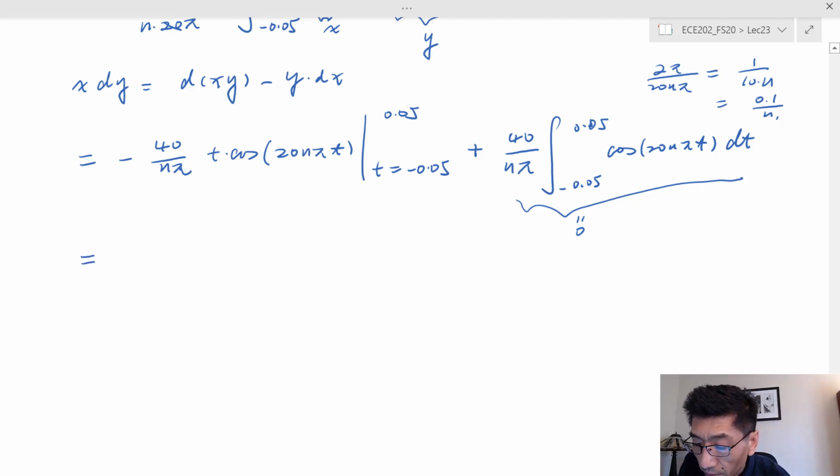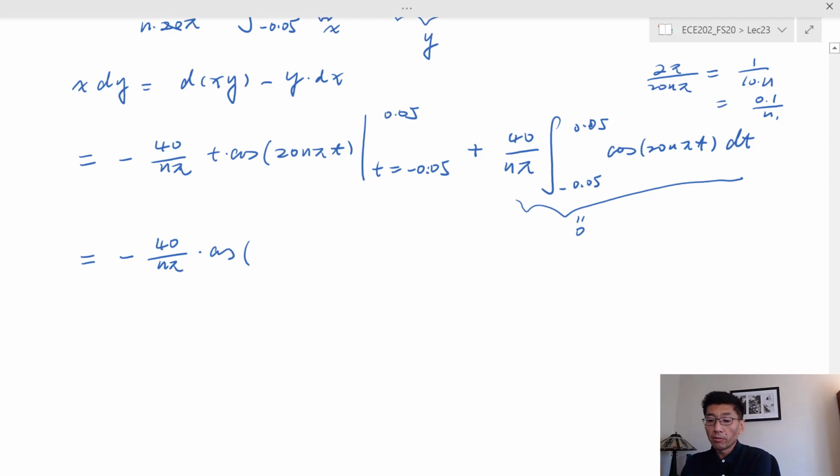The first term here we have, so I'm going to have 0.5. Let's just substitute things in. And by the way, when t is equal to negative and positive, the cosine function is the same, right? So we can just get this. We can get a negative 40 over n pi times cosine 0.5.